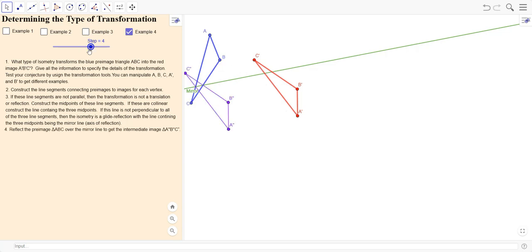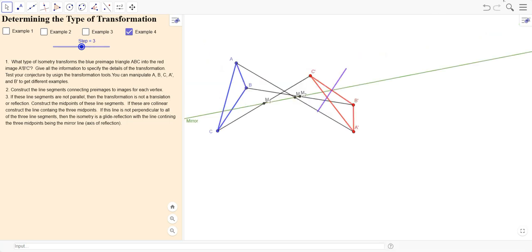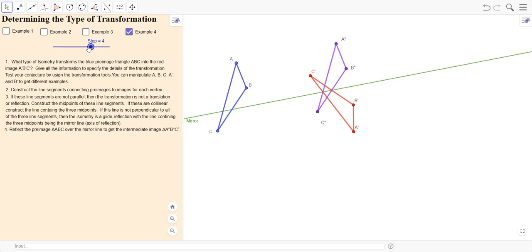I think I did this not the way I really meant to do it. Let's see if I can fix this. So what we want to do here now is just reflect this final image back over the line, and that gives us our intermediate image.